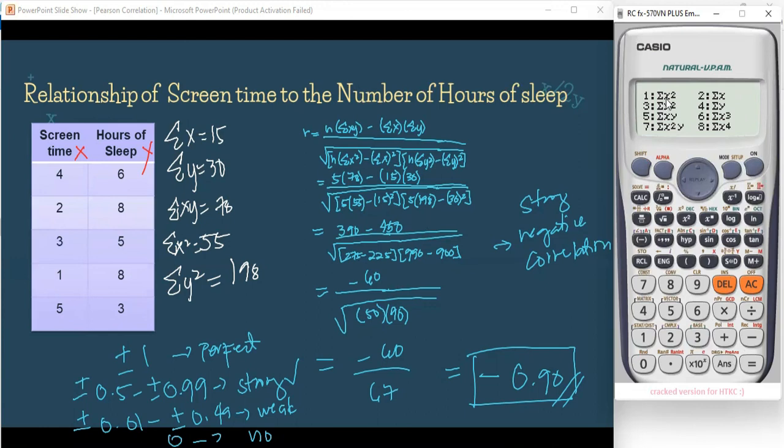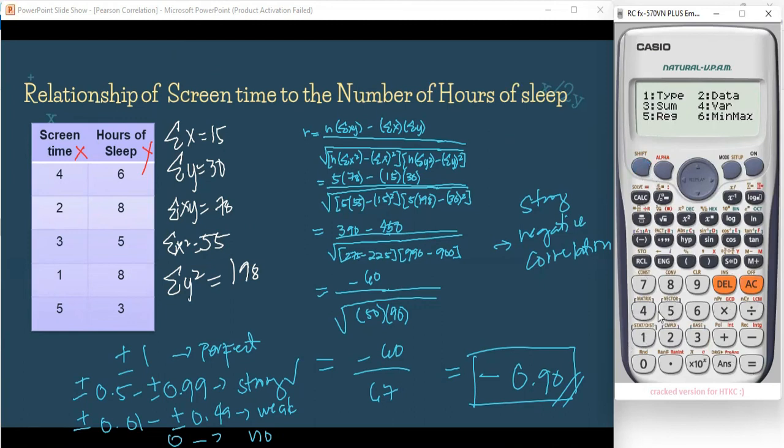So, halimbawa, we have here the summation of x squared. So, yung na-compute natin is 55. Kailangan ang lumabas din dito, 55. So, correct tayo doon. So, try din naman natin yung iba. Halimbawa, the summation of x. So, we have here 2. So, that is 15. Check natin yung summation of y, kung tama. So, our summation of y, makikita sa 4. That is 30. So, tama pa rin naman tayo.